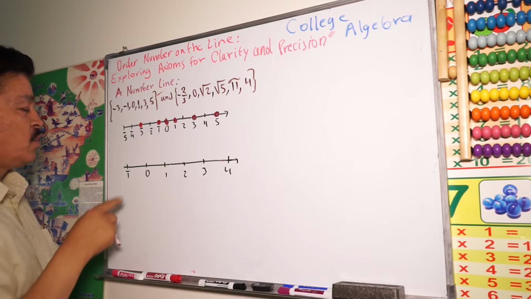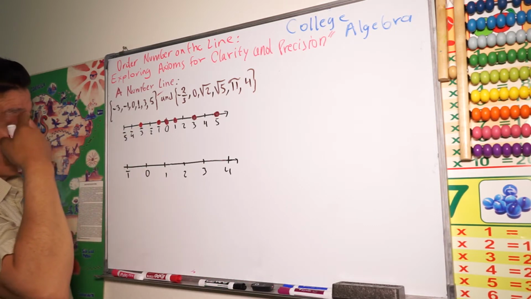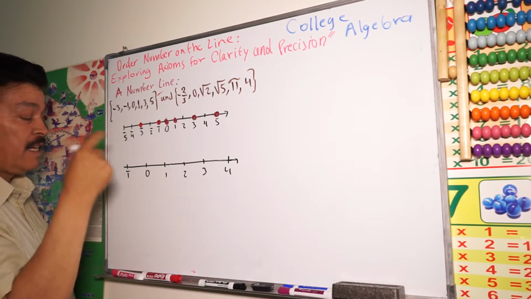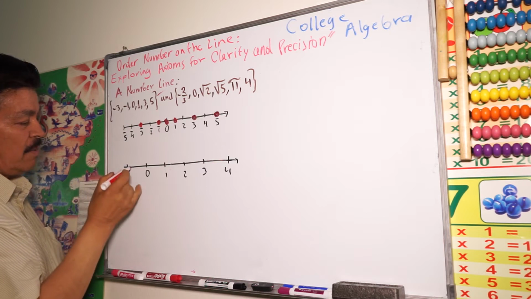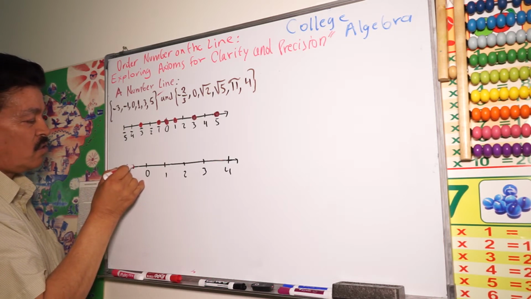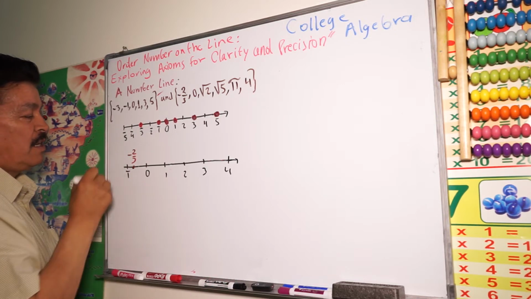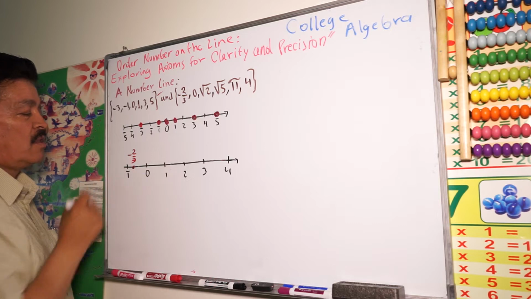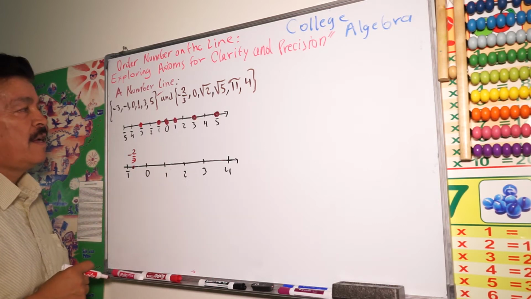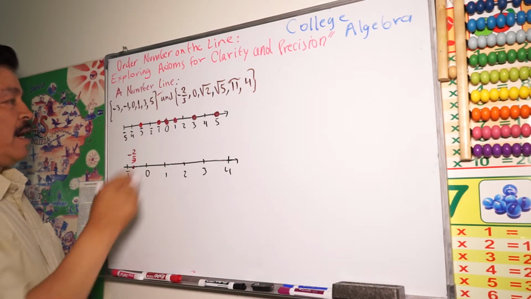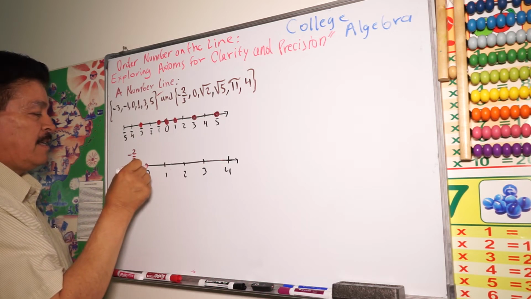What is -2/3? It's almost one whole negative unit, right? Divide the unit by 3, right here. So -2/3 is right here.